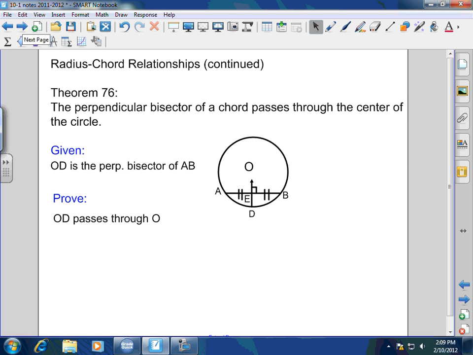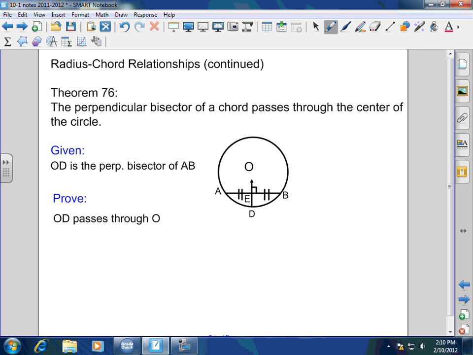Last theorem, Theorem 76, says that the perpendicular bisector of a chord passes through the center of a circle. Now this one's common sense. According to the equidistance theorem, you create a perpendicular bisector when the endpoints are equidistant to the 2 points that create the perpendicular bisector. Since this is a line, aren't there infinite points in a line?